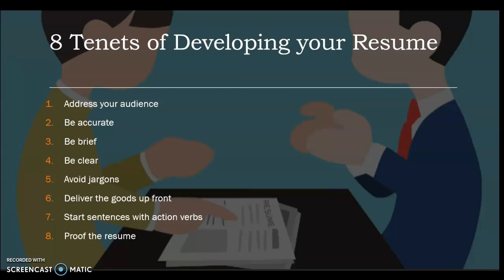Your accomplishment statement should be always in the past tense. And the last one is proof the resume. Proof it again and again. Have someone else proof it as well.